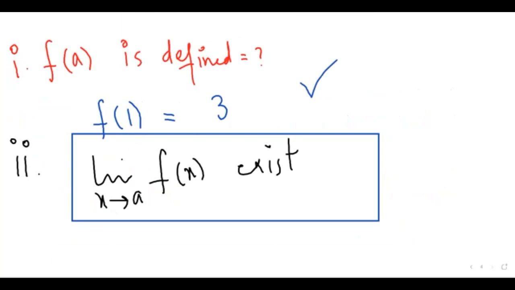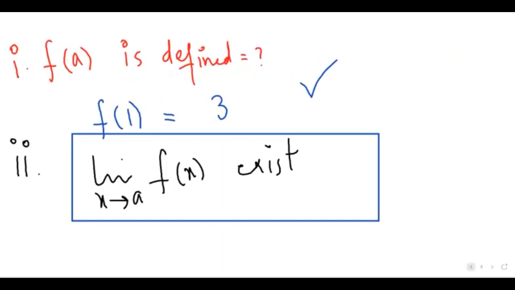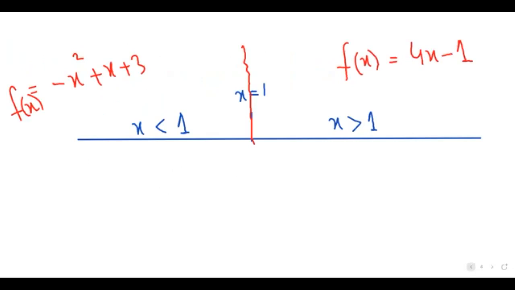Third condition is limit x approaches to 1, f of x should be equal to f of a or f of 1. So it means when x equal to 1, you can see when x equal to 1 and x is greater than 1, we have this function. So we can use this one.